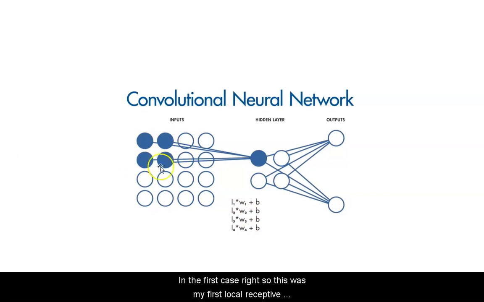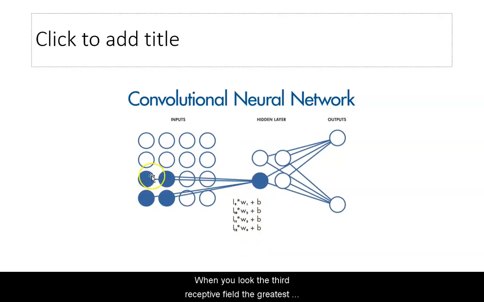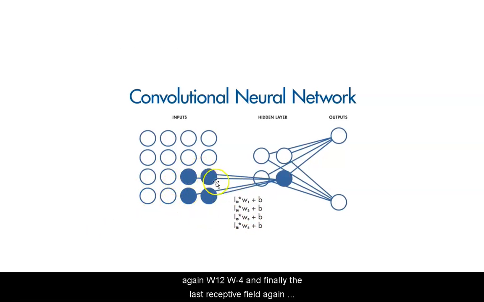So this was my first local receptive field, and the weight was W1 to W4. When you look into the second receptive field, again the weight is W1 to W4. For the third receptive field, the weight is again W1 to W4. And finally the last receptive field, again the weight is W1 to W4. Which means, as I have mentioned, in my CNN you have shared weight and bias.